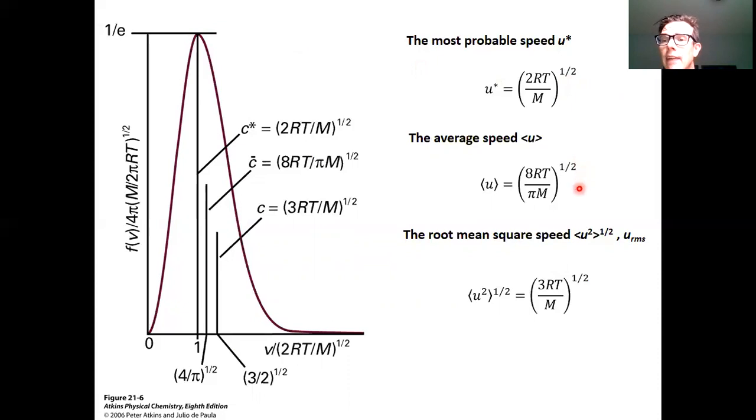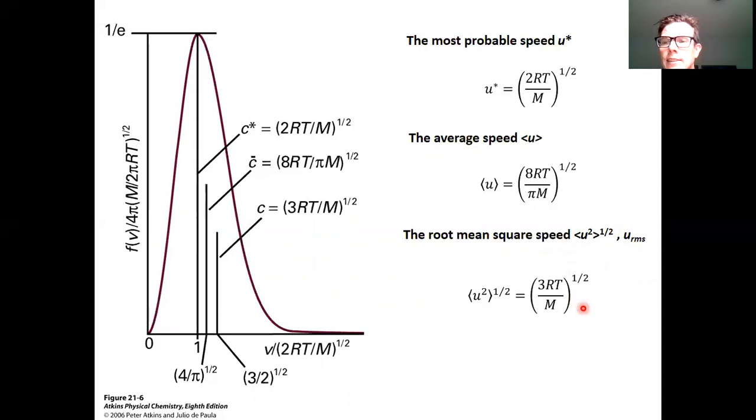I can calculate the average speed, which is given by this expression here, 8 over pi RT over m to the 1/2. Last but not least, we can get the root mean square speed, which is the average u squared taken to the 1/2. This is actually the same quantity that we derived last time with the kinetic theory of gases.